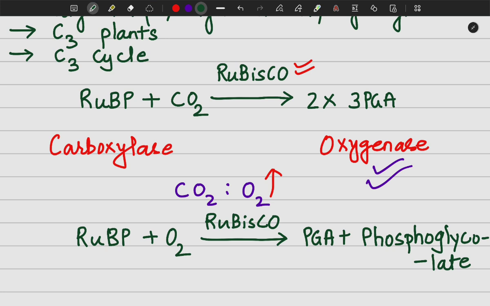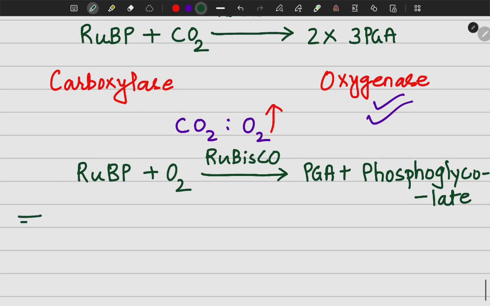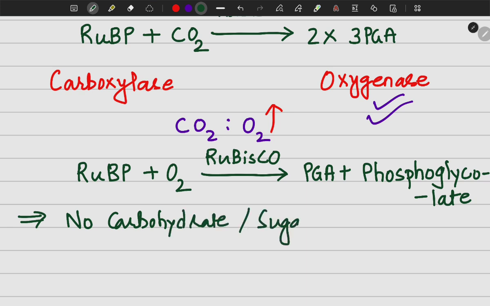As a result, no carbohydrate or sugar will be formed, right? So what's the use? This is a wasteful process, right? Because the main purpose of the C3 cycle was to produce carbohydrate.